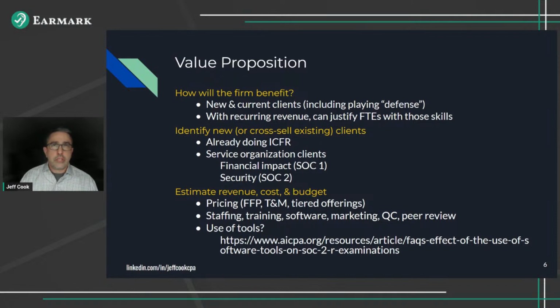Clients whose controls are routinely audited by customer organizations. That happens sometimes where a client will say, I've always got my customer who's sending out auditors to look at certain controls. Well, that could apply to SOC 1 or 2. And then clients that routinely obtain or process or transmit customer data, that's going to go to SOC 2.